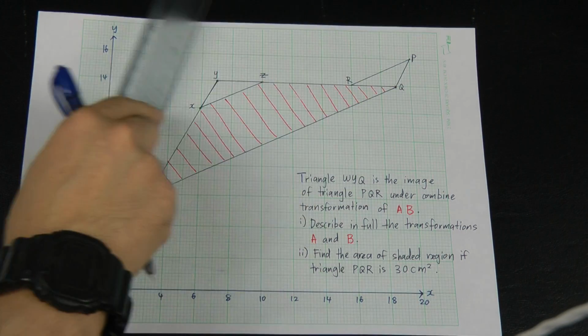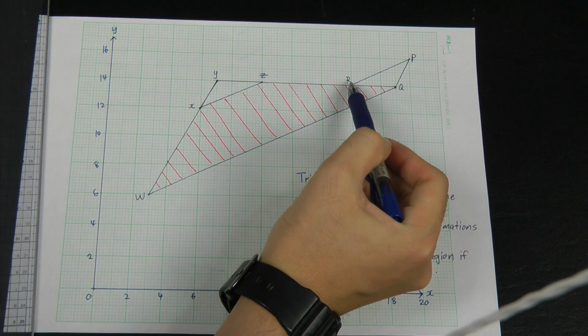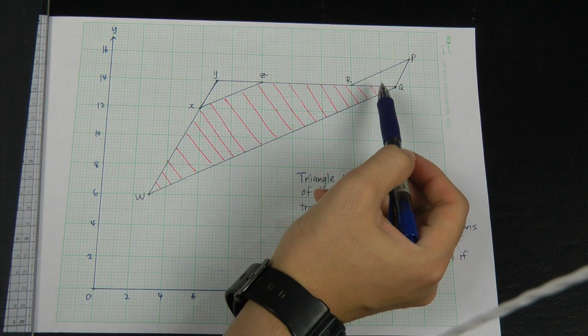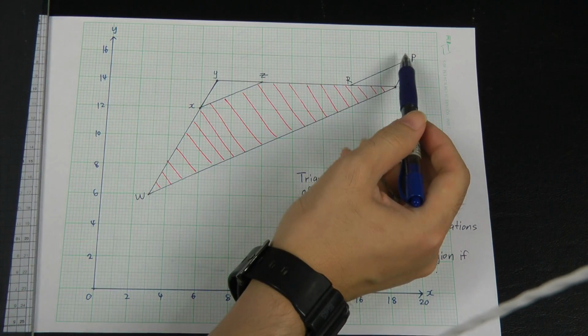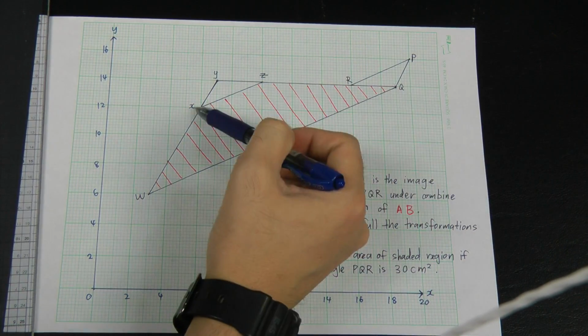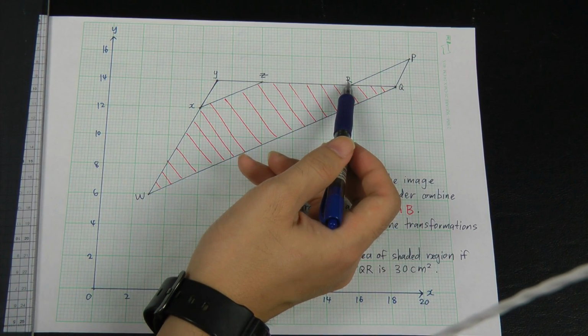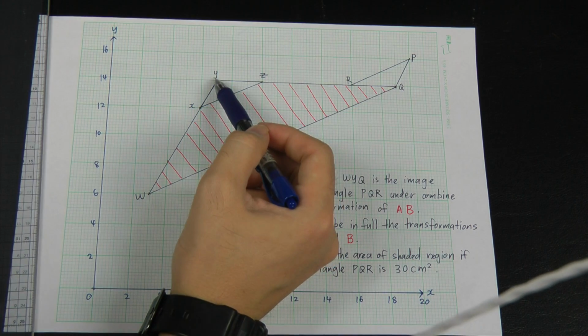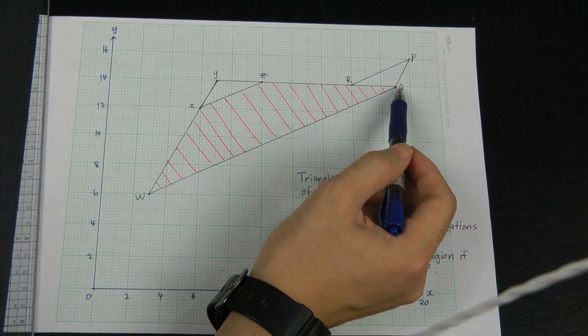Okay, so for example, in this case, you have to understand PQR actually is the same as your X, Y, Z. So your P basically is your X, your Q basically is your Y, and your R is your Z. So I will have a look at the Y and Q first, because it's the easiest one.